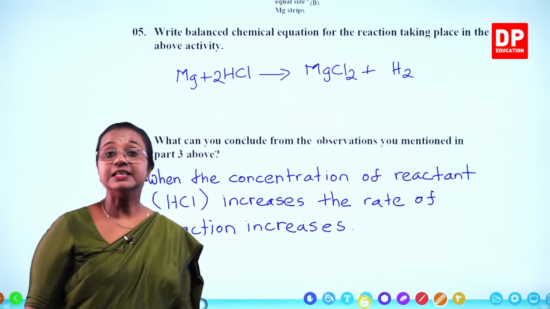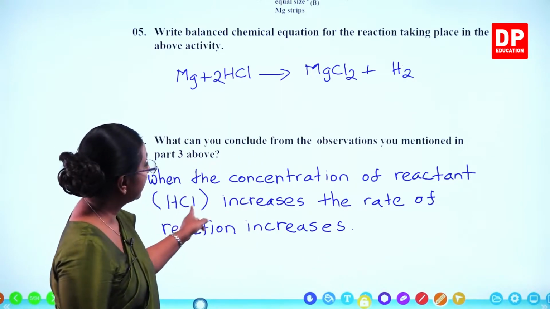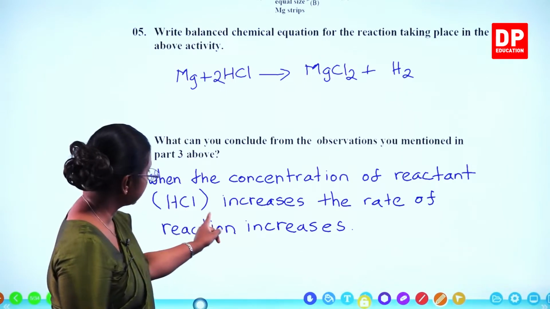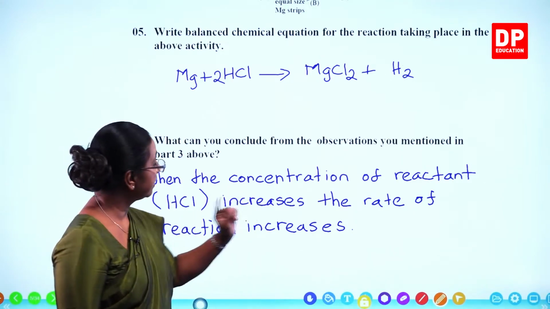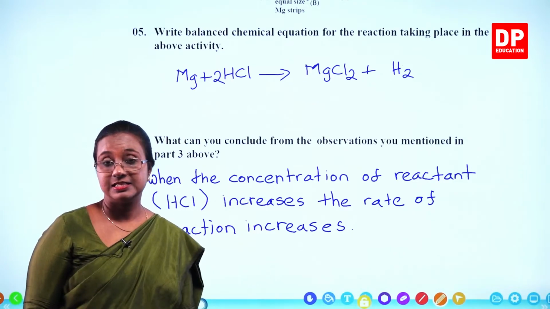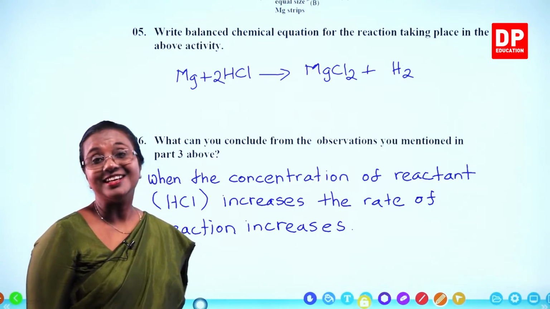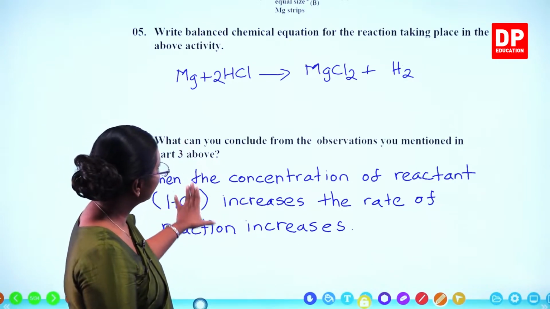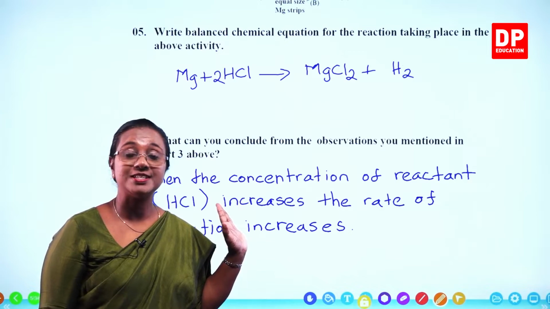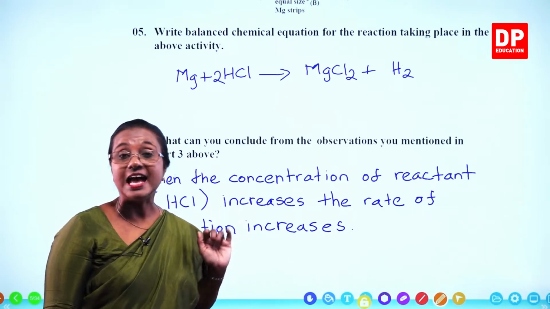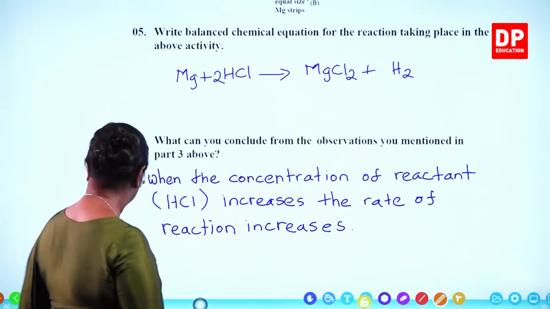So that is the conclusion of the activity. When the concentration of reactant, that is HCl, increases, the rate of reaction increases. Is that clear to all students? So I am sure you all also answered these questions correctly. With that, we'll move on to the next slide.